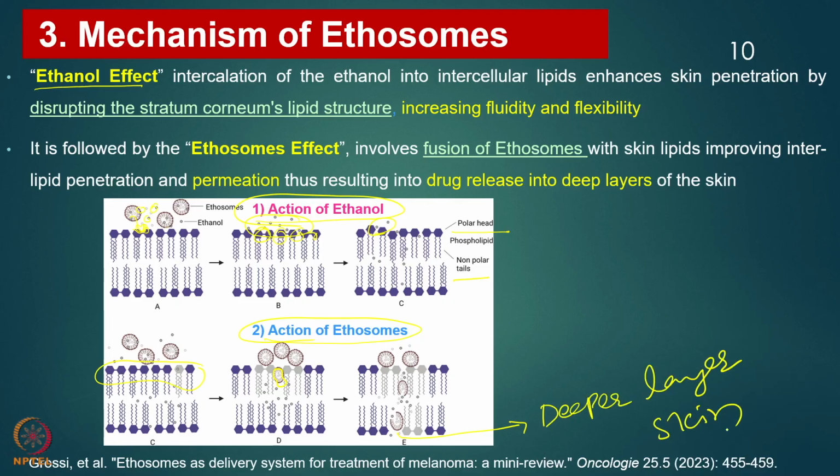That is called the ethosomal effect. Now, we can read here. It is followed by the ethosome effect, which involves fusion of ethosomes with the skin lipids, improving interlipid penetration and permeation, thus resulting in drug release into the deeper layer of the skin. That is the idea behind the ethanol and ethosomal effect.